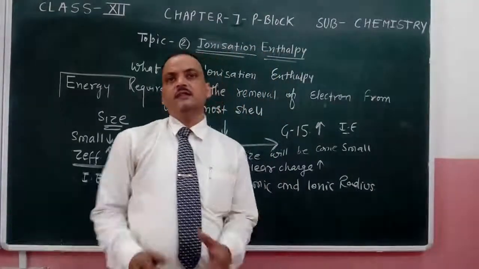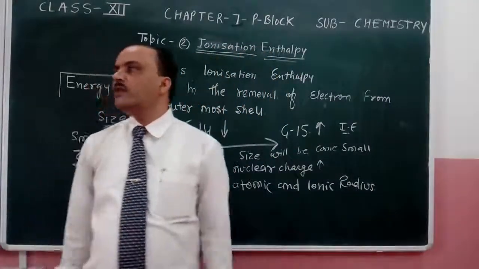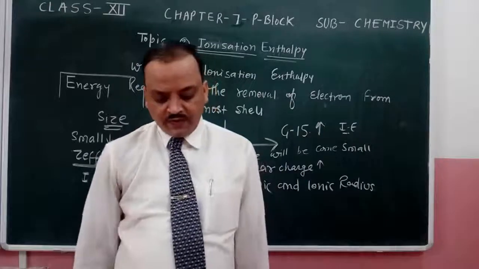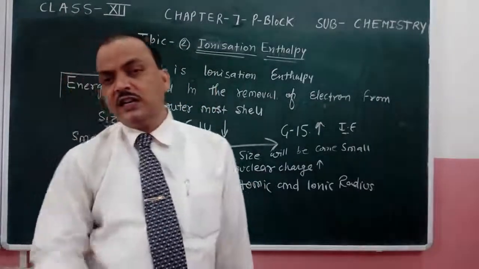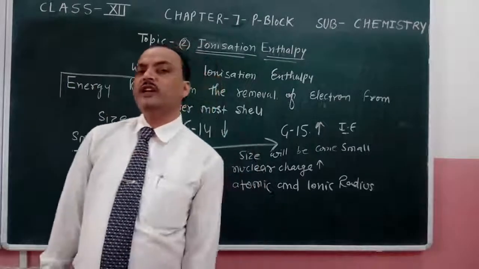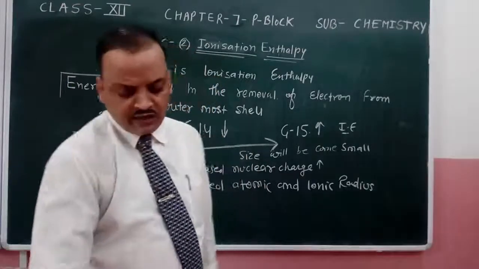When the radius is small, the ionic size is small, and we require a large amount of energy, because the electrons are strongly attracted by the nucleus.